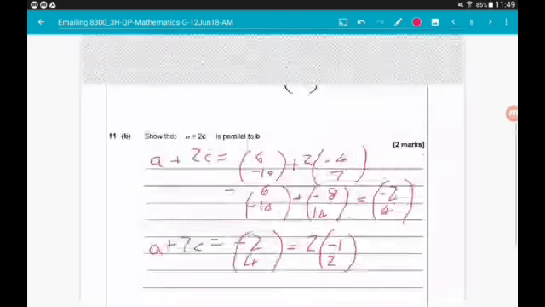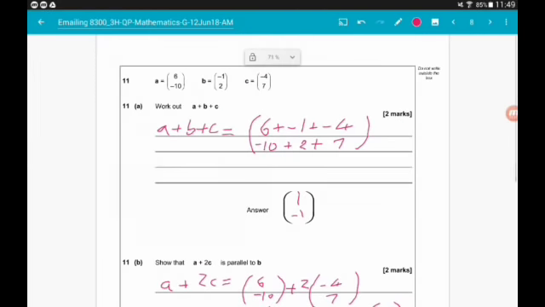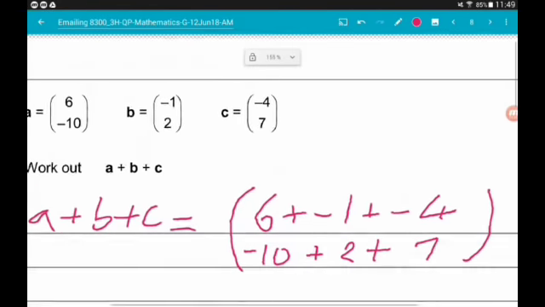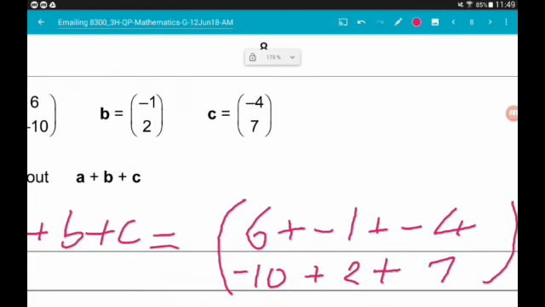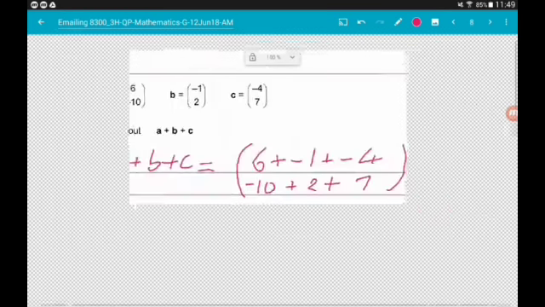Now, if we look at vector B, oh look, vector B is -1, 2.